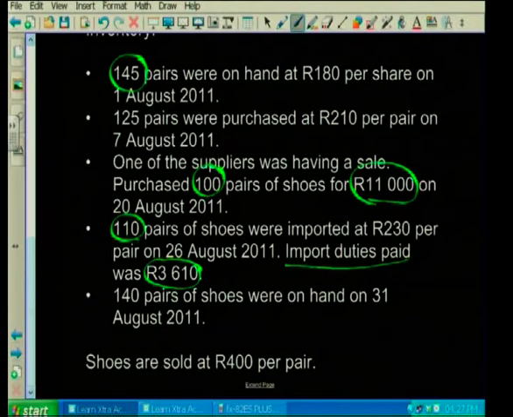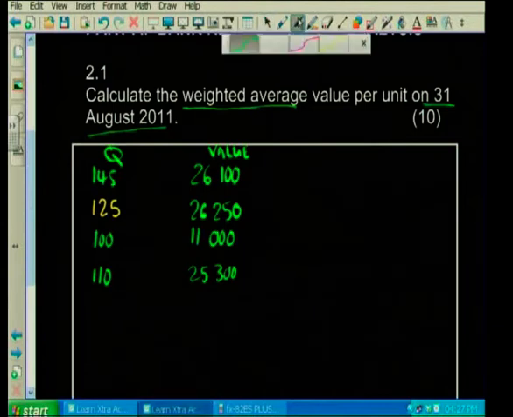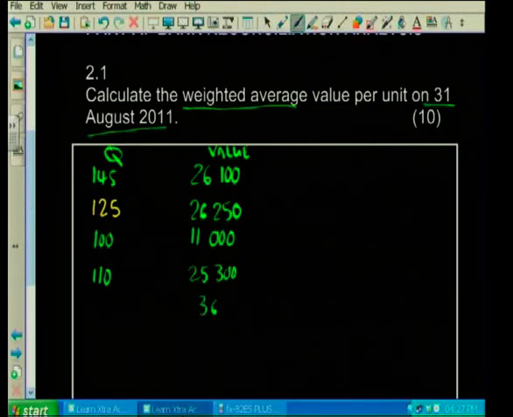Okay, but now, on the 110 pairs, what is significant here is that import duties of 3,610 Rand were paid. So here's my 3,610, and I'm going to link that to that because that was the value of the import duties. Now understand this, that any costs that are incurred in bringing the goods to our business form part of the cost price of that good.